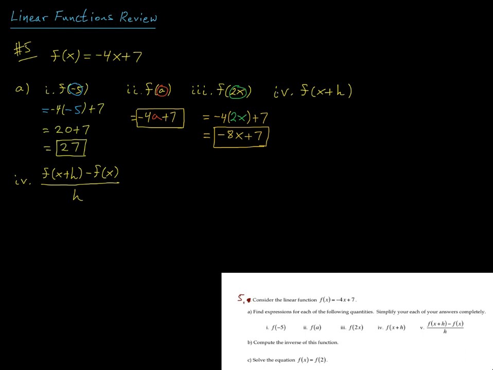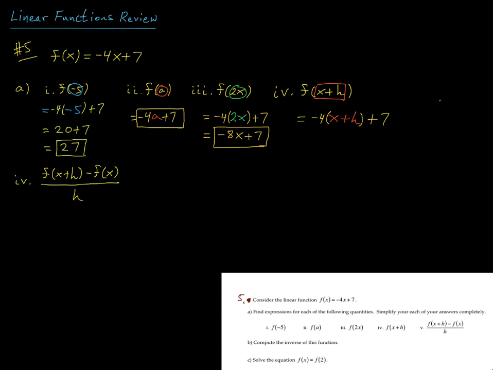For 4 here, we have f of x plus h. So now our input is x plus h. We're going to apply the rule for the function f, which says multiply whatever you're inputting into the function by negative 4 and then add 7 to the result.